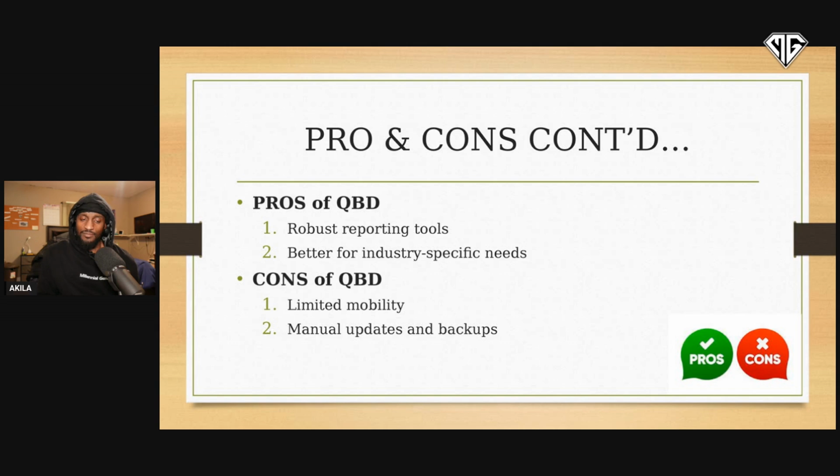And as far as manual backups and updates, you'll have to do that. QuickBooks Online, as I said, they'll do it for you. They'll automatically update it. But when you're using the desktop version, you'll have to make sure you're updating it every time. And most of the time, you'll only get the updates when you renew the subscription.